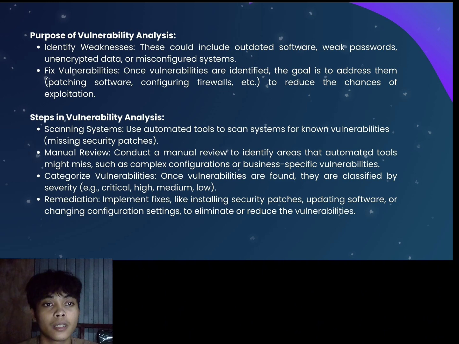Categorize vulnerabilities. Classify vulnerabilities by severity, critical, high, medium, and low, to prioritize fixes. Remediation. Apply fixes by installing patches, updating software, and adjusting configuration to eliminate or minimize vulnerabilities.